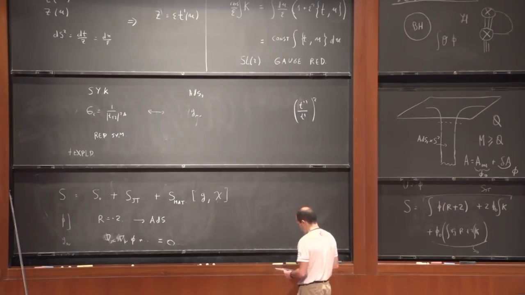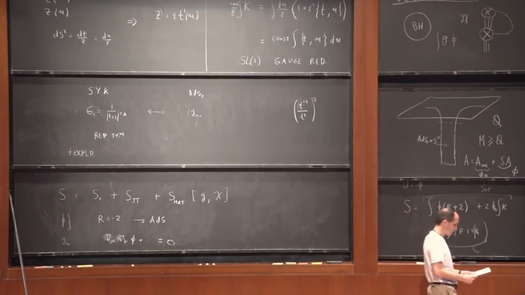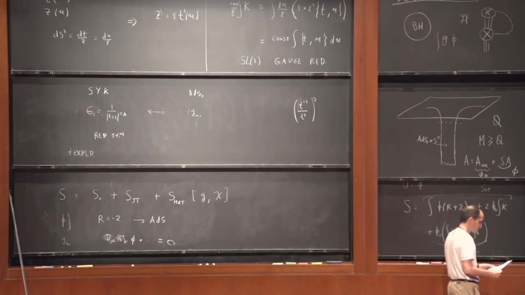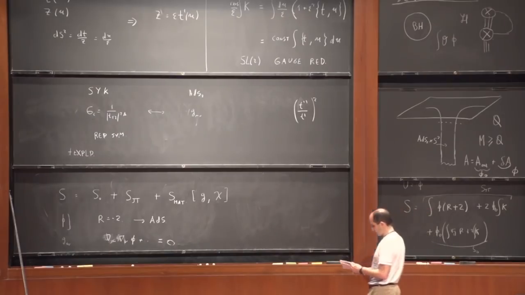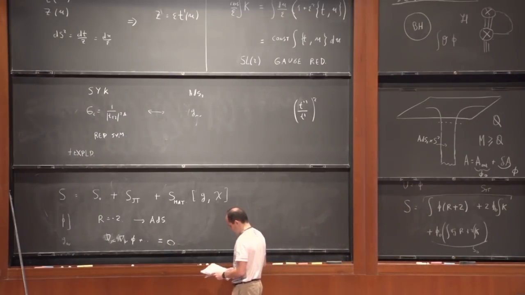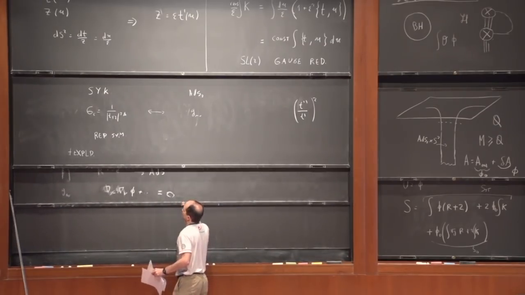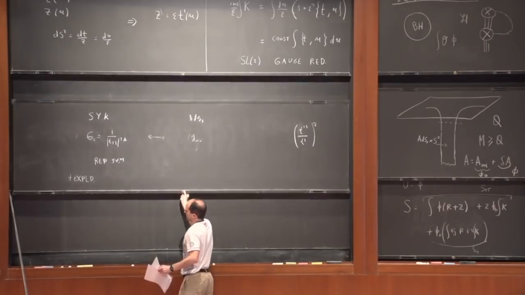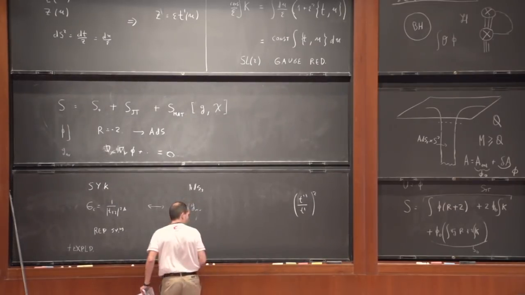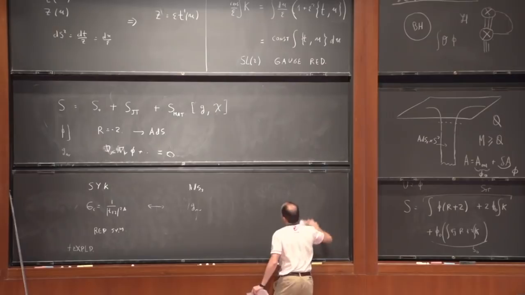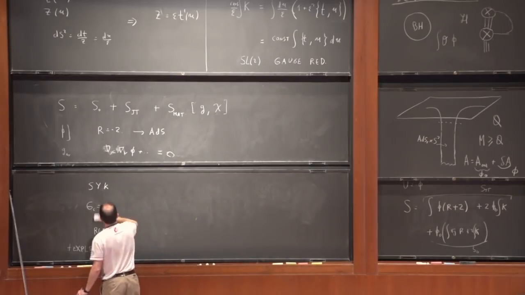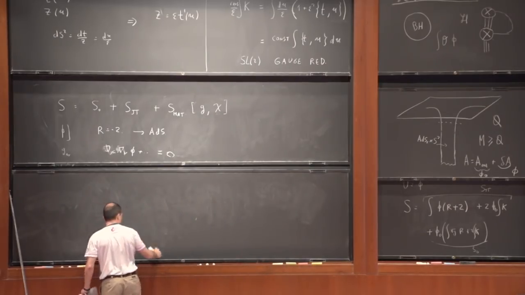Very good. So this point that this is the general action we expect for any near extremal black hole was made by Almheiri and Kang.